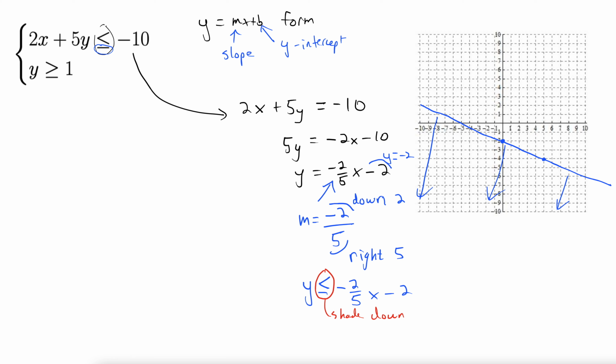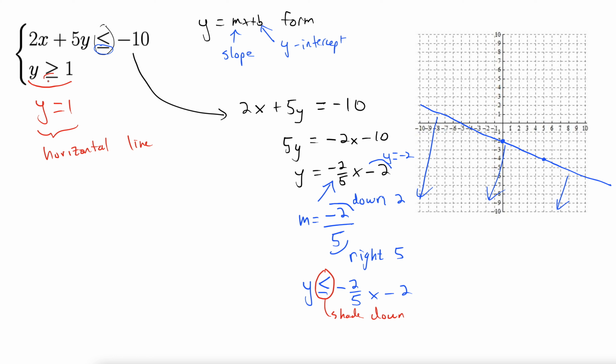Let's check out this other term. So we have y greater than or equal to 1. Let's change that to equals. This is a line. What kind of line? It's a horizontal line. Anytime you have y equals some number, it is a horizontal line through that number.